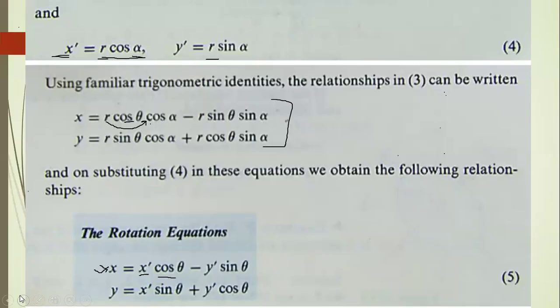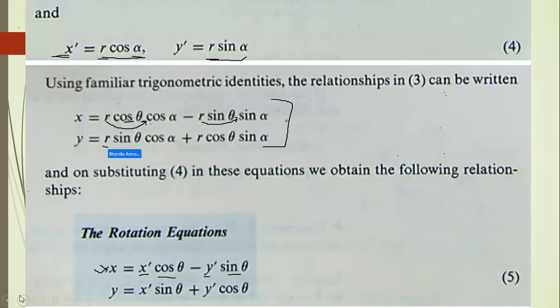And this other equation here, y prime is equal to r sine alpha. Again, if we were to rearrange, we'll have r sine alpha, and that there is basically y prime. So we substitute that with y prime, and we have our sine theta. Same thing for this other equation: y is equal to r sine theta cos alpha.